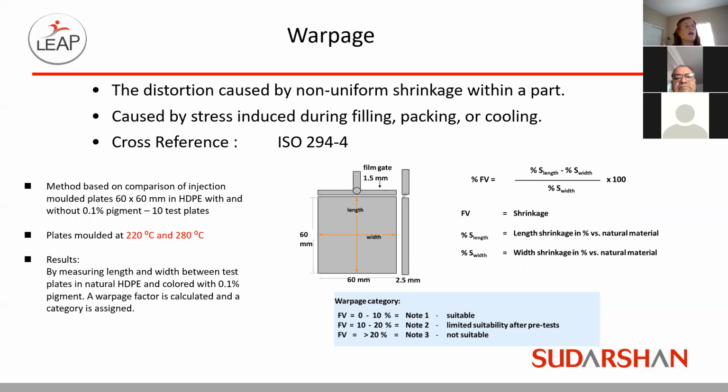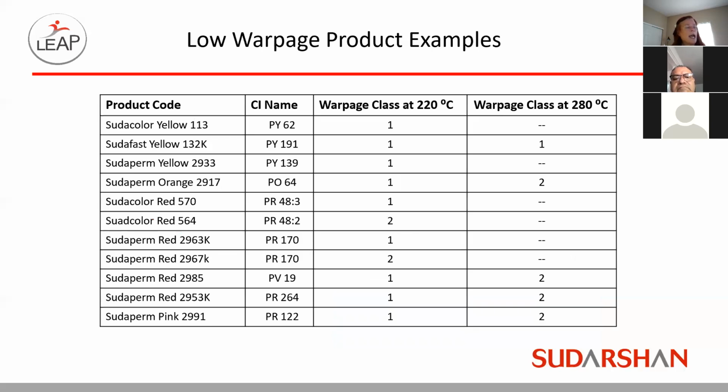And then we convert that into a 1 to 3 rating system, where a suitable pigment would have a warpage rating of 1, which is less than 10% of shrinkage, versus a not suitable pigment, which would get a rating of 3, which would be greater than 20% of shrinkage. And this test is done at 2 different temperatures, a lower and a higher temperature.